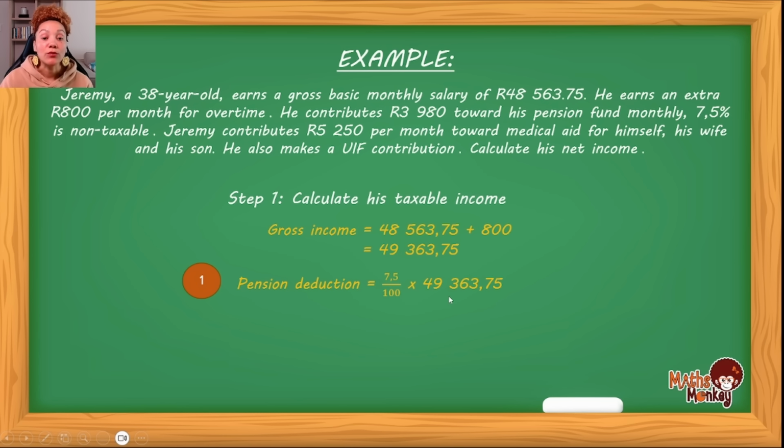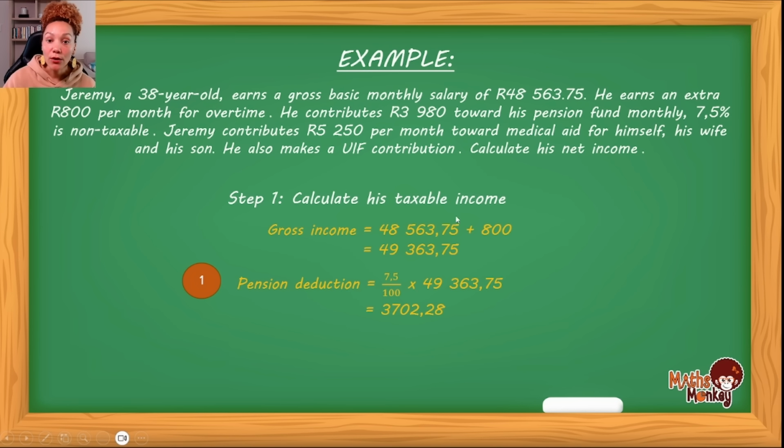So this is what will be deducted. This isn't being paid to his pension fund. This is being deducted. And so 7.5% is then 3,702.28. So this is the discount he gets from his taxable income.